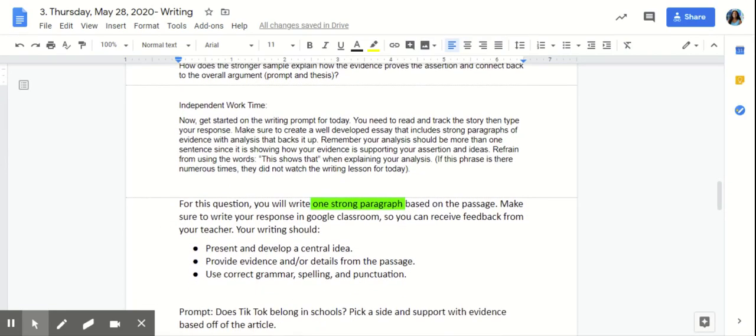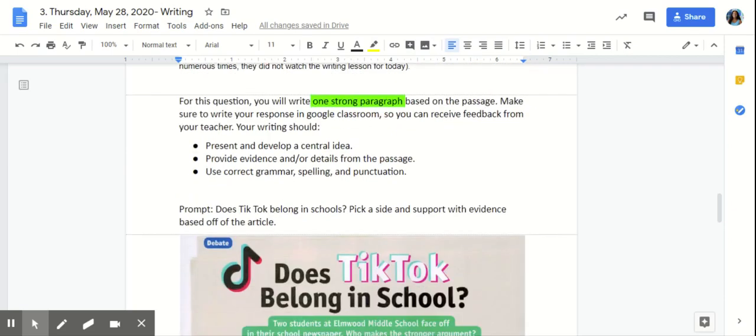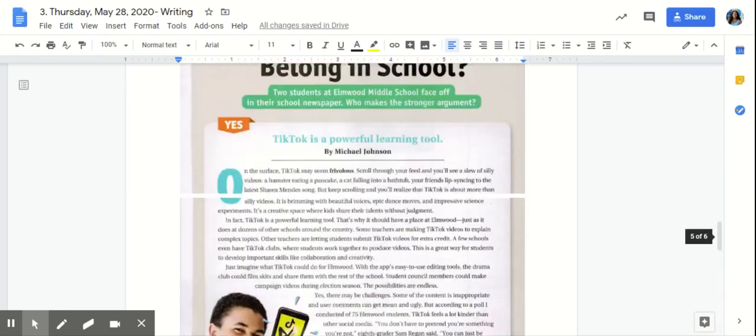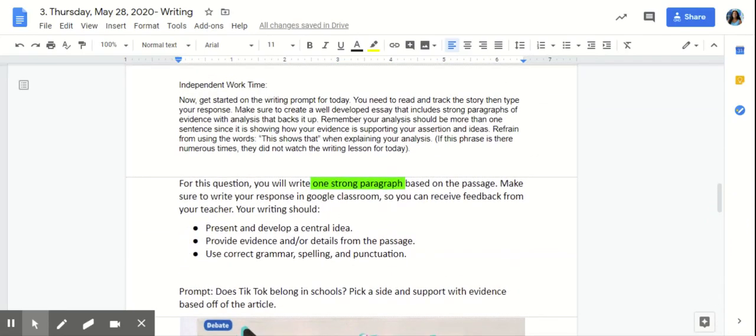So for your independent work time, you're going to go into your writing in Google Classrooms. You need to make sure that as you're reading our article for today, that you're tracking the story and you're making annotations and you're writing down evidence as you read along.